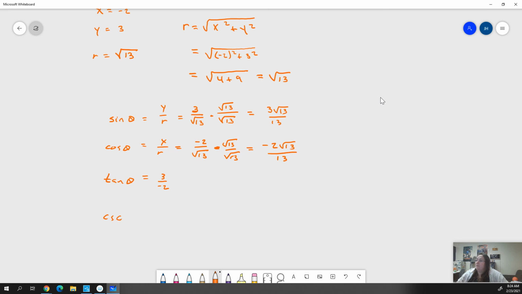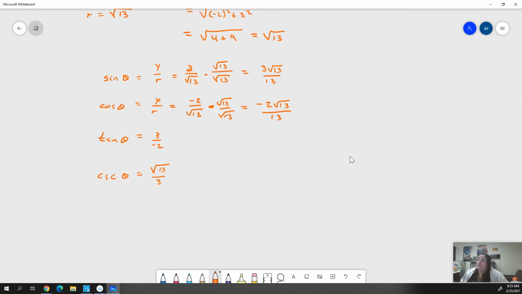Cosecant of theta equals r over y, which means that it would just be radical 13 over 3. Don't need to rationalize it now, right?